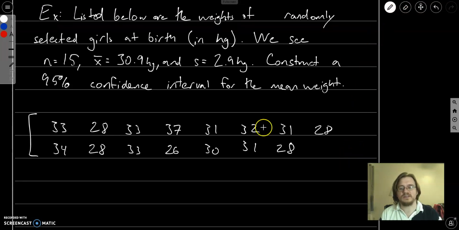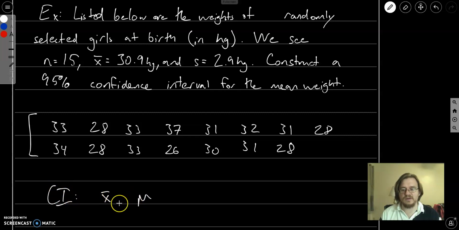So we want to construct a 95% confidence interval. The confidence interval itself is just going to be our sample mean, from which we subtract our margin of error, and to which we add our margin of error, to come up with the lower and upper bounds for our population mean.